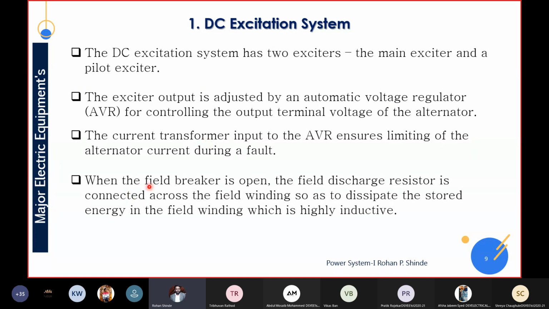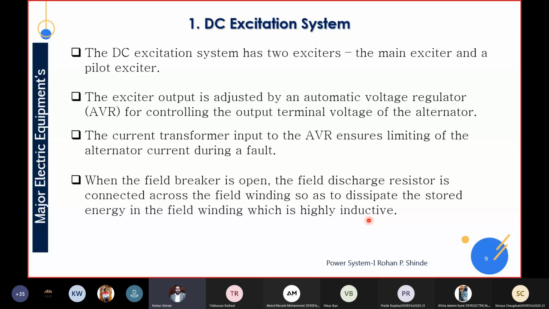When the field breaker is open, the field discharge resistor is connected across the field winding so as to dissipate the stored energy in the field winding, which is highly inductive. This highly inductive winding stores some energy.